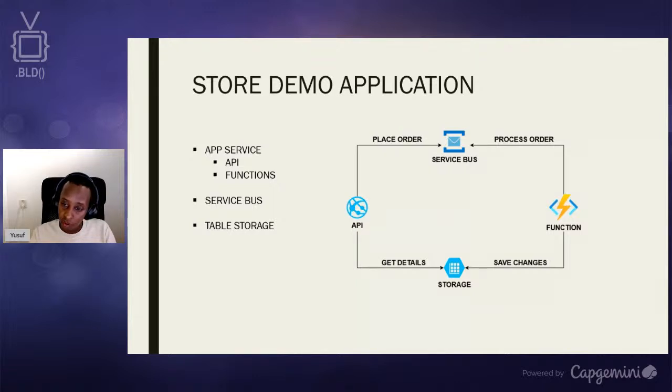Then you also have a function I made that listens to that queue, and when a new message arrives, it gets triggered and starts performing some business logic. When it's finished, it will save the changes to a table storage. The API also has the option to get the details from the store. And then these two services also have two dependencies, the service bus and the table storage.